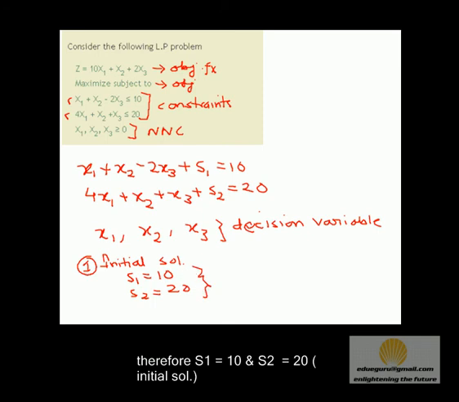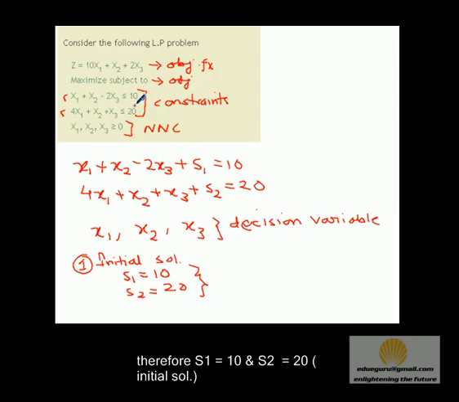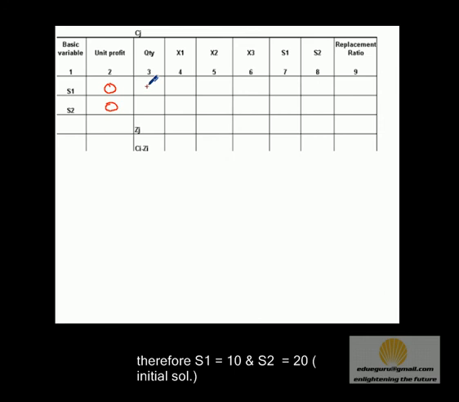Now the next step is to create a table with basic variables, unit profit, quantity, first variable, second variable, third variable, slack variable and second slack variable. For the basic variables we'll put s1 and s2, and since unit profit is 0 for these, we'll put 0 here. For quantity we follow the equations given here, 10 and 20.